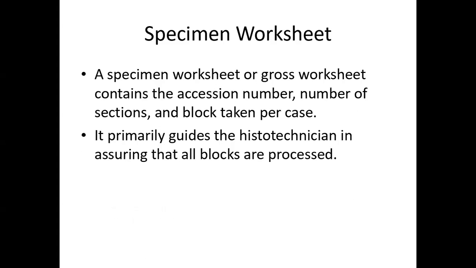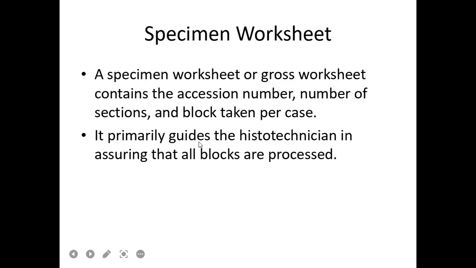So basically, the description of the specimen, the number of sections, the number of representative samples that we took from the specimen are all noted into what we call specimen worksheets. No? A specimen worksheet or a gross worksheet contains the accession number, the number of sections and blocks taken per case. No?